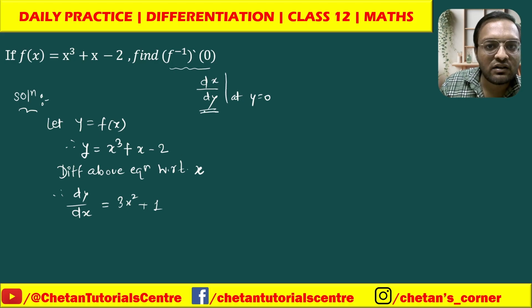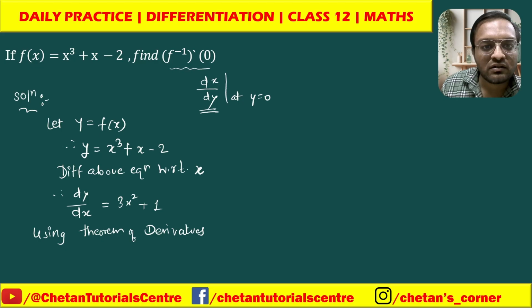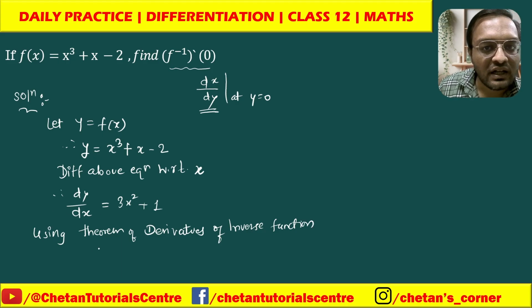But we need the value of derivative of inverse function. So using theorem of derivatives of inverse function, what I will get? dy by dx is equal to 1 upon dx by dy.